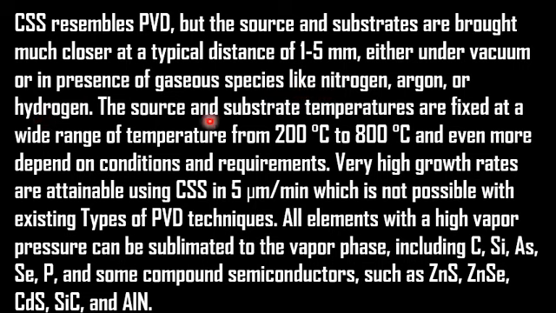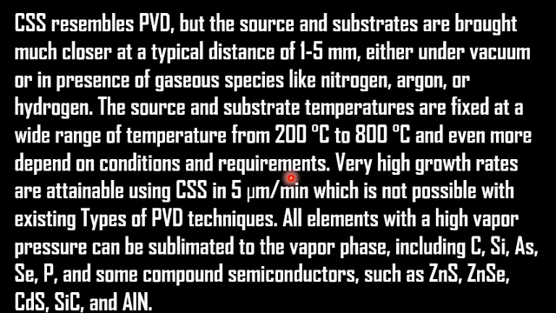The source and substrate temperatures are fixed and are in the range of 200 degrees centigrade to 800 degrees centigrade, and they may vary depending on the conditions and requirements. So student, in closed space sublimation, the temperature of the substrate as well as the source material varies around 200 degrees centigrade to 800 degrees centigrade. This means that we can do closed space sublimation even at very low temperature.